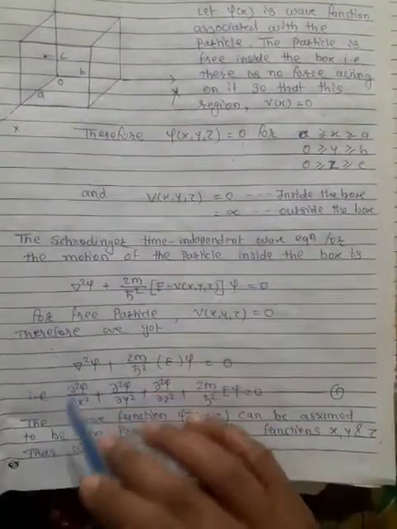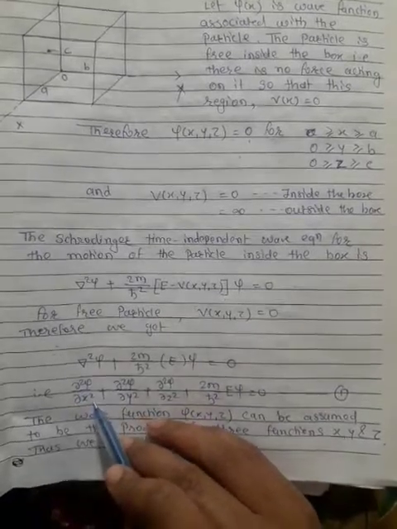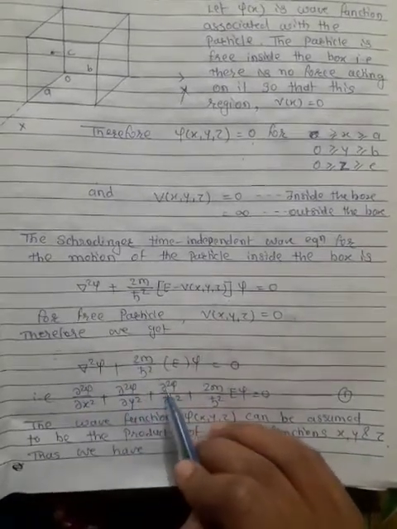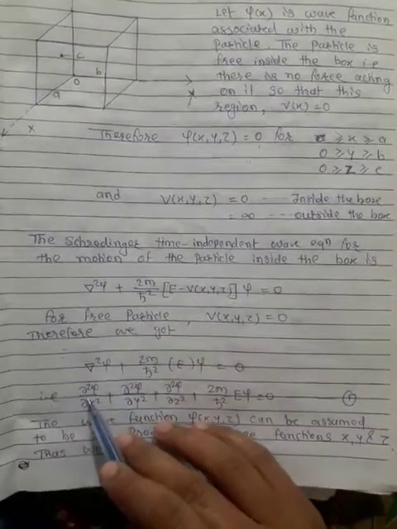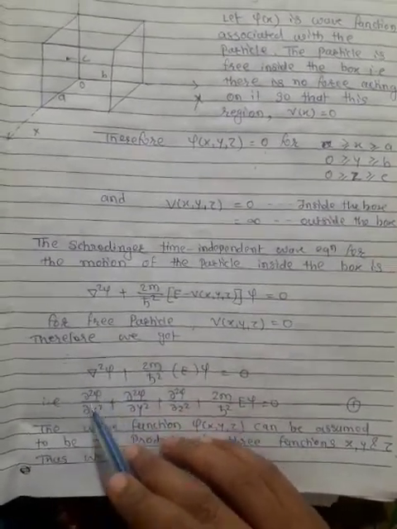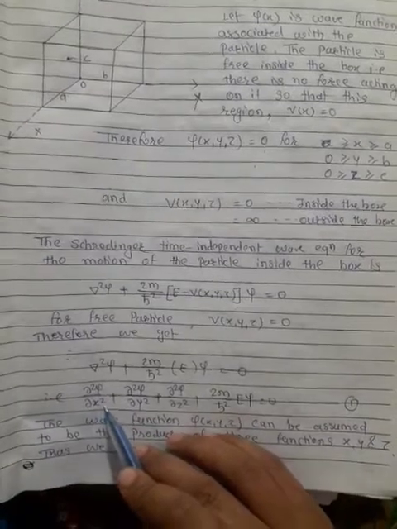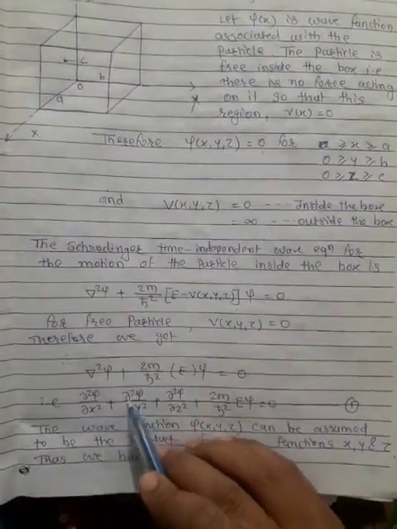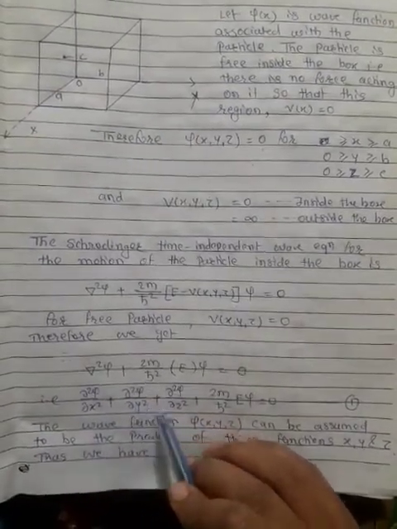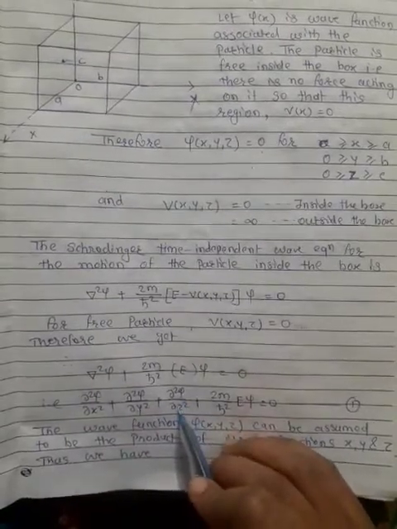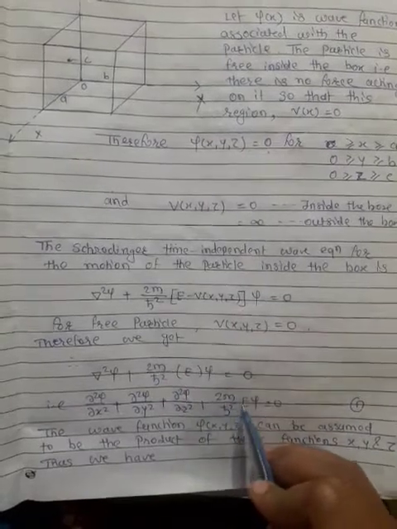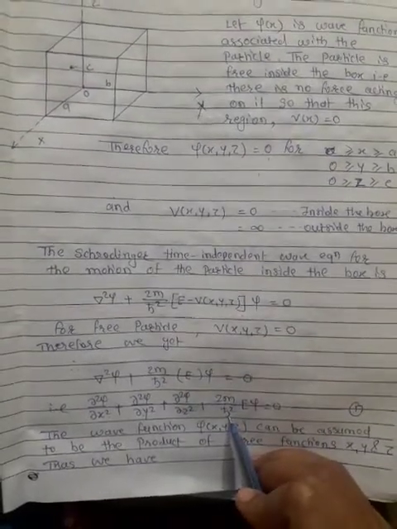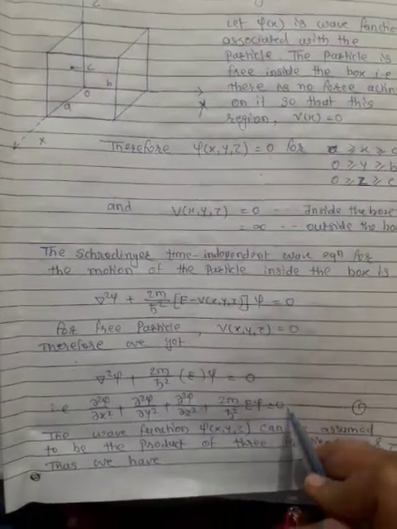This del squared is nothing but del squared by del x squared, del squared by del y squared, and del squared by del z squared, multiplied by psi. We get del squared psi upon del x squared plus del squared psi upon del y squared plus del squared psi upon del z squared plus 2mE upon h cross squared into psi equal to 0.